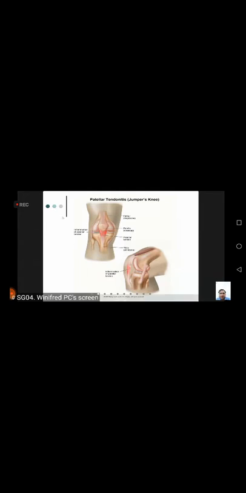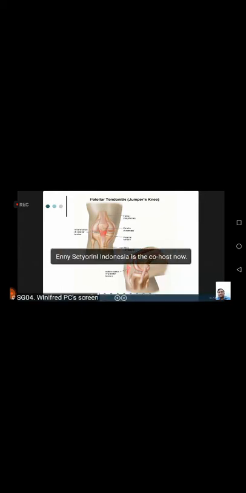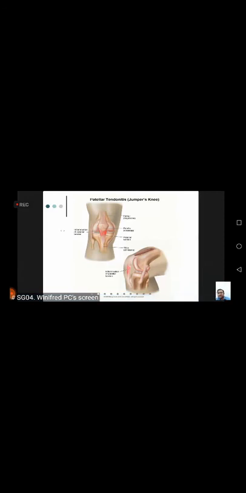Whenever there is any swelling or any specific force around the knee joint, that will create friction around the patellar tendon. Whenever there is more friction around the patellar tendon, this will create swelling inside the tendon.